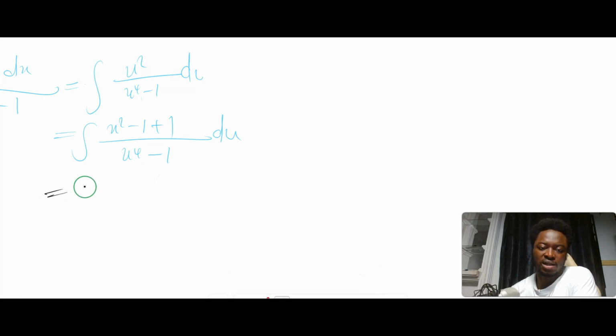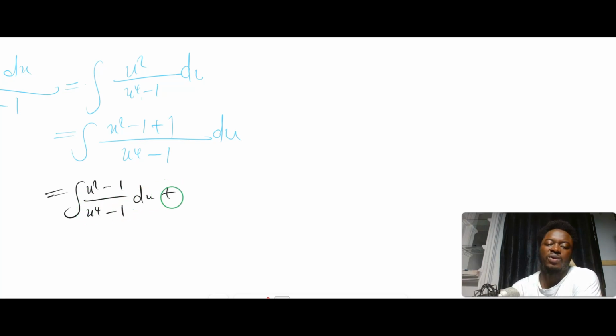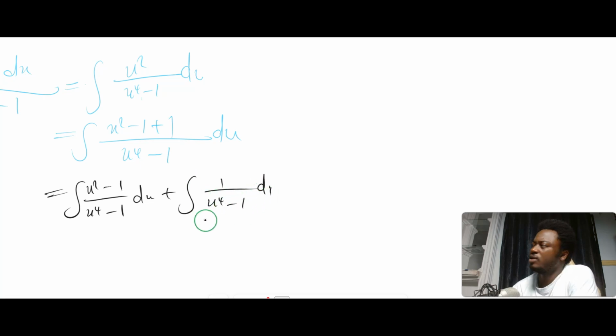Well, we could write this as the integral of u squared minus 1 over u to the 4th minus 1 du plus the integral of 1 over u to the 4th minus 1 du. I think this one is the only one that's going to give us a little bit of issue. But this other one is going to be the integral of 1 over u squared plus 1 du, which is just going to be tan inverse of u.